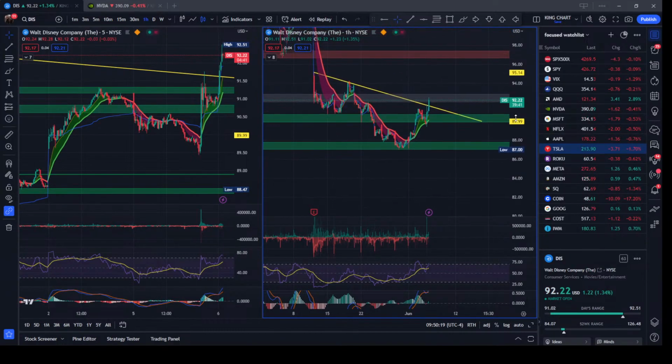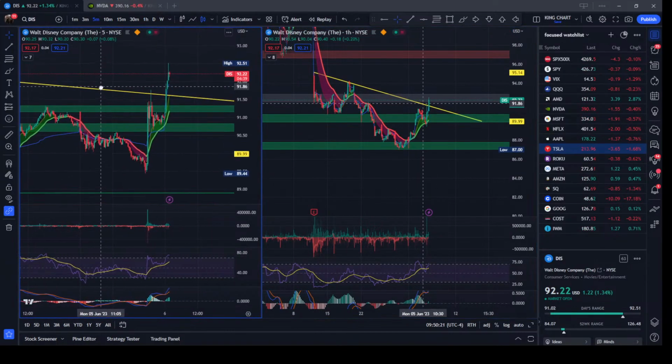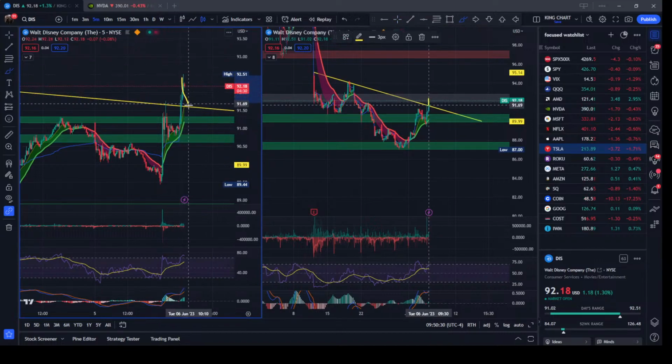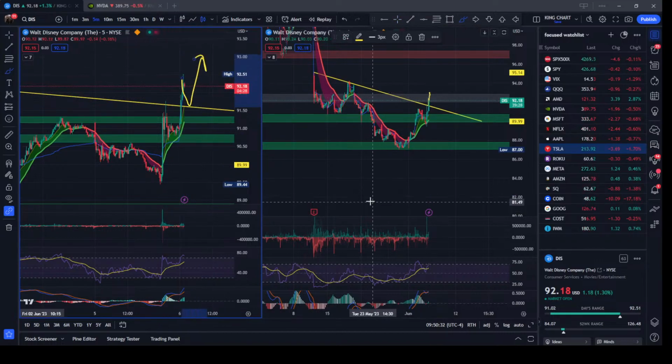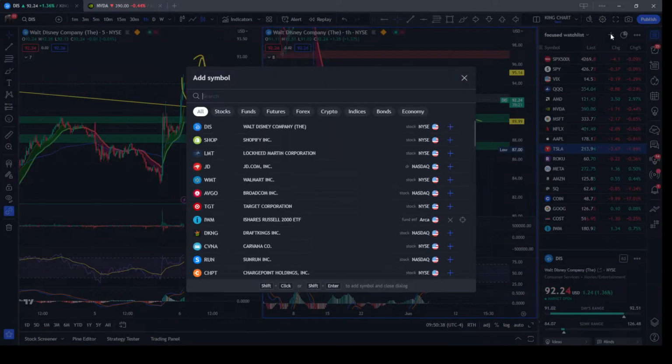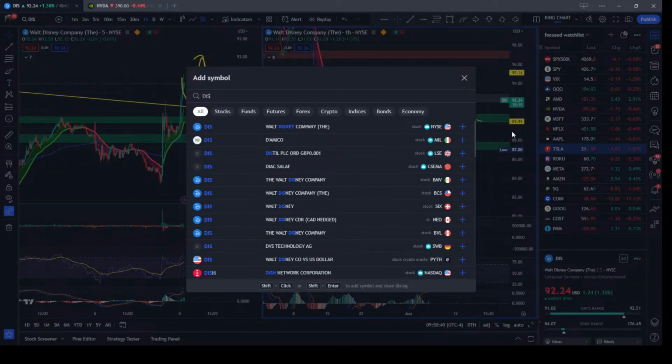So Disney's actually a really good play. But for this case, because it's already overbought, RSI is over 70, I'd wait for a pullback to the trend line before we get a launch pad back to the upside. So definitely want to keep an eye on. Let me just add it to my watch list.